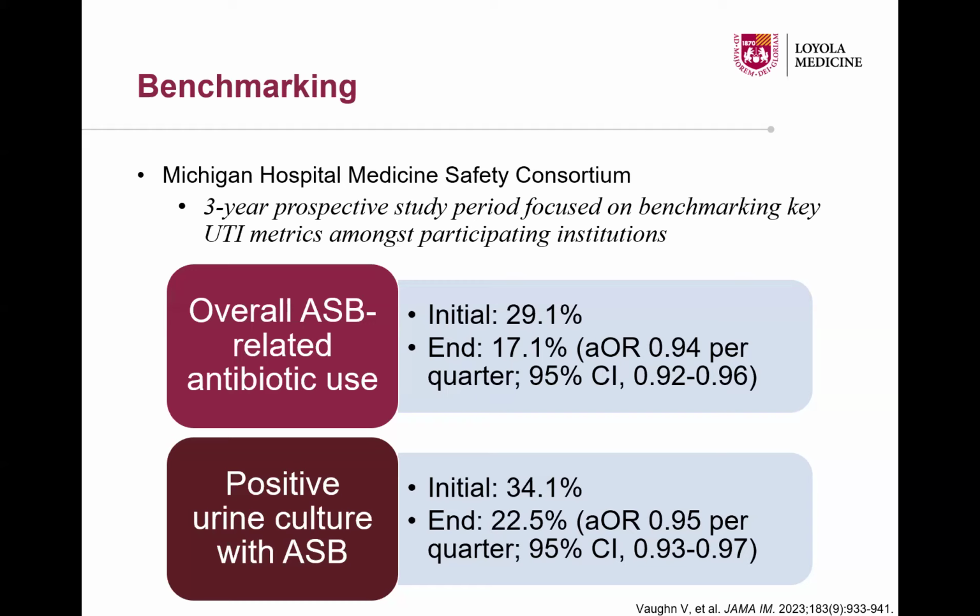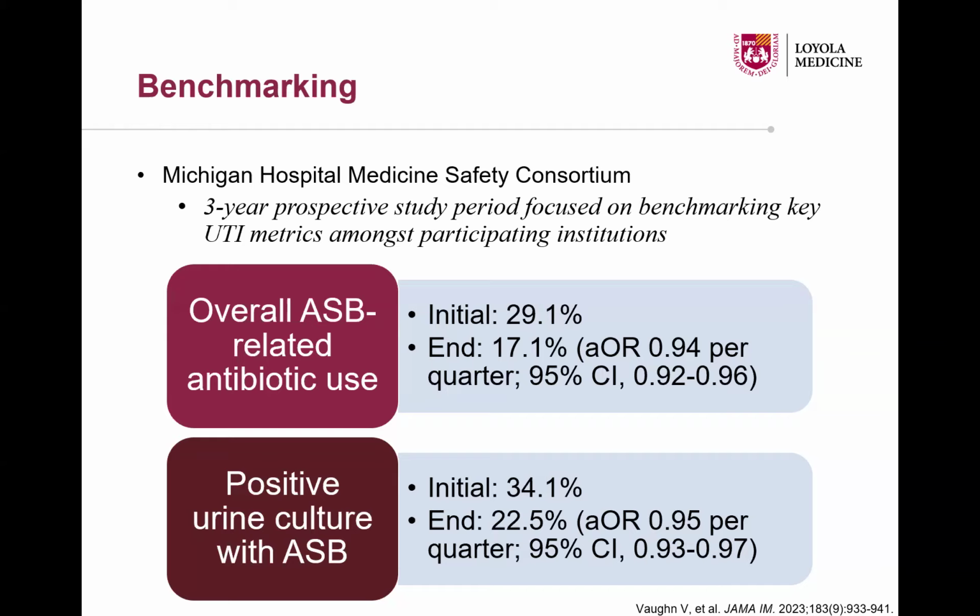And so they're able to show a reduction in the urine cultures being ordered for patients that don't have symptoms. And then they also were able to highlight, again, an overall decrease in antibiotics used for ASB. And so I think that comparison amongst peers is a really important piece of this. Hard for us to implement without more structure at a state level for this specific type of intervention.